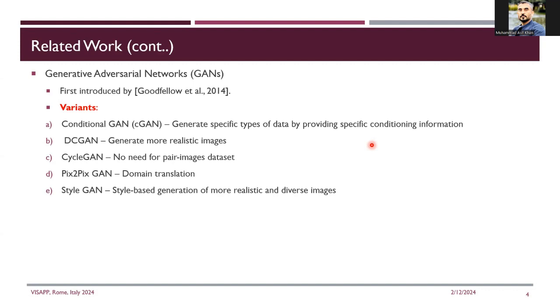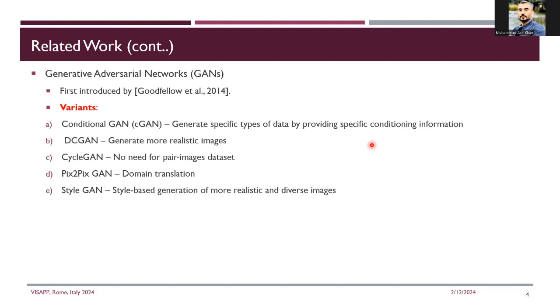Then DCGANs were introduced to further improve the performance of GANs and produce more realistic images. CycleGANs were proposed for when paired images are not available before training. So CycleGAN can get trained without paired images.